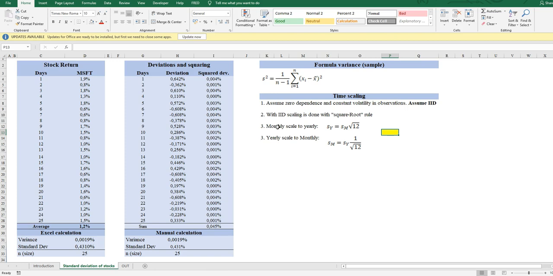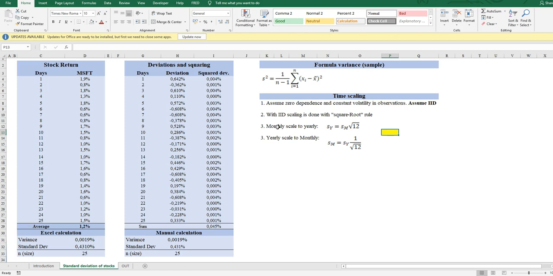Not so many know why it is used. It is simply just used, but underlying this principle is actually an assumption of what we call IID, that we have identically and independent distributed random variables.